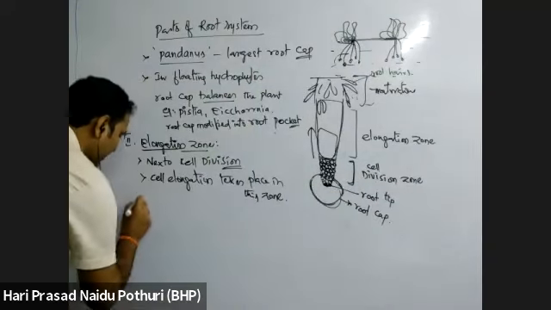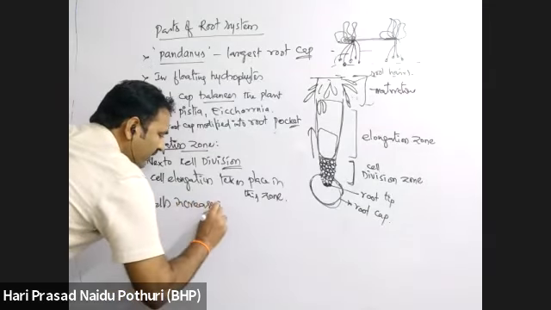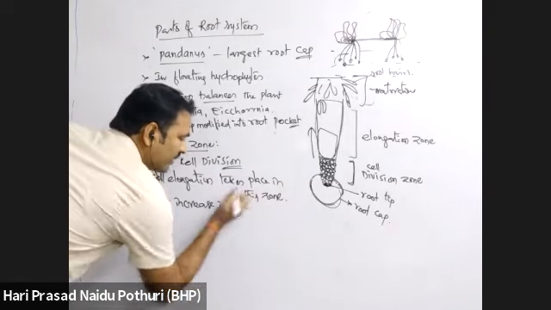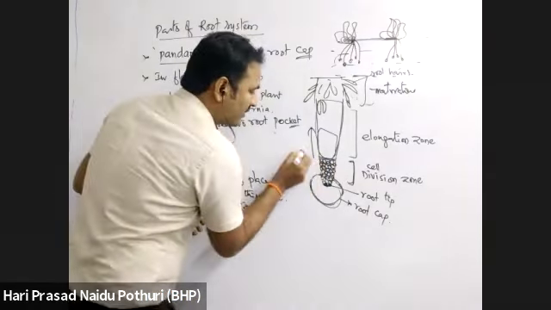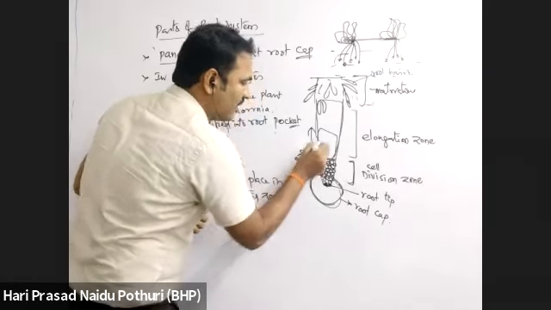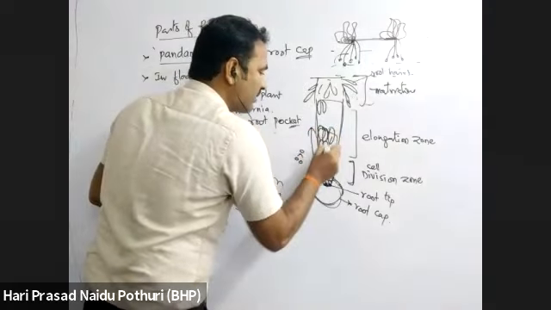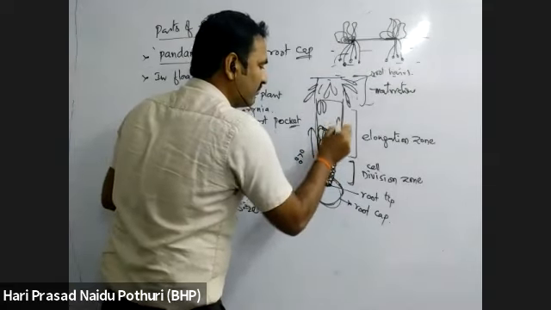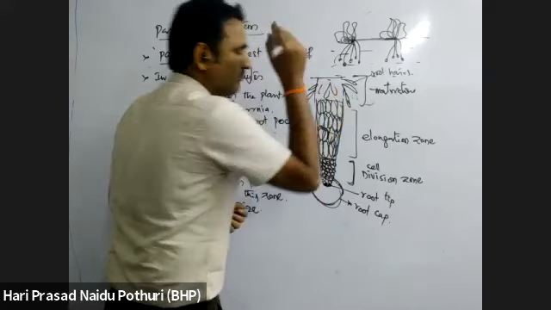Cell elongation, cells increase in size. Here, one small cell divides into two cells, the cells are increasing in number, where cells are proliferating. Cell size is increasing.